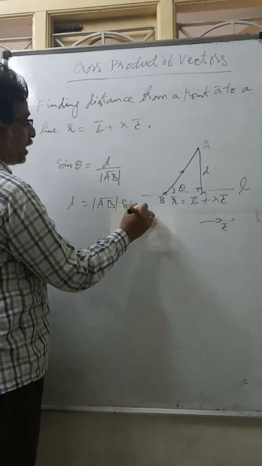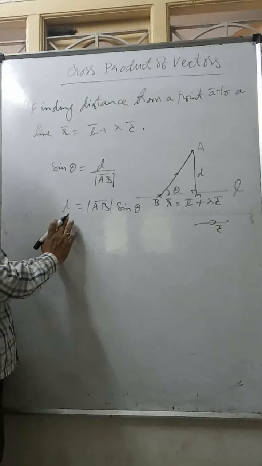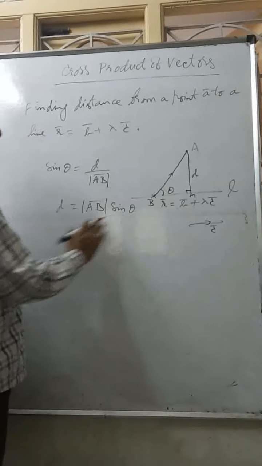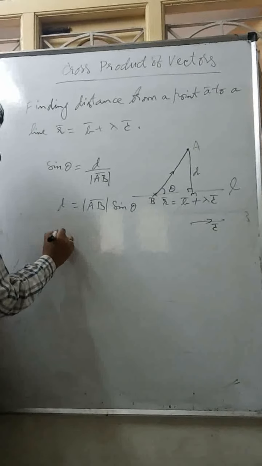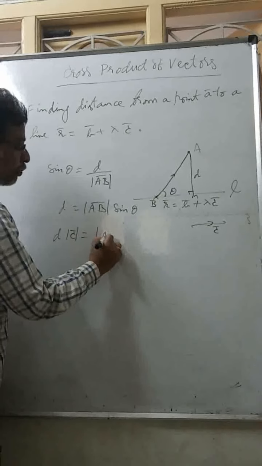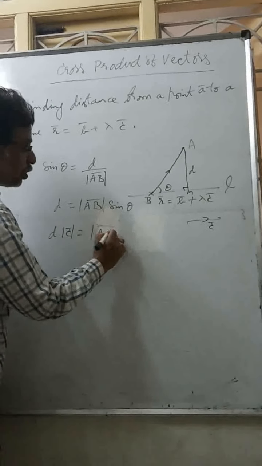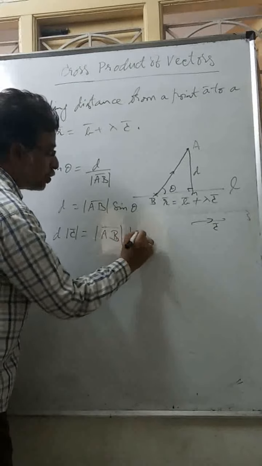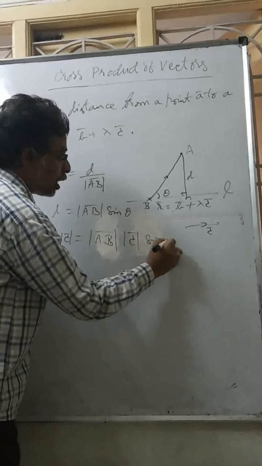Now, if I multiply with mod C on both sides, the value will not change. So I write D into mod C equal to mod AB into mod C into sin theta.